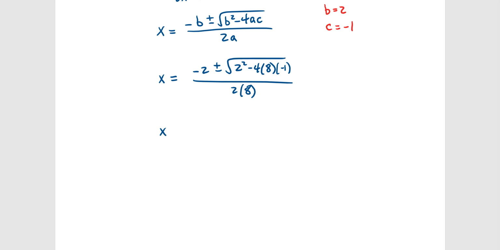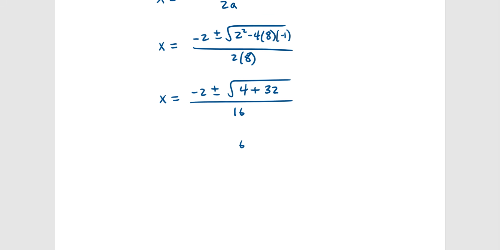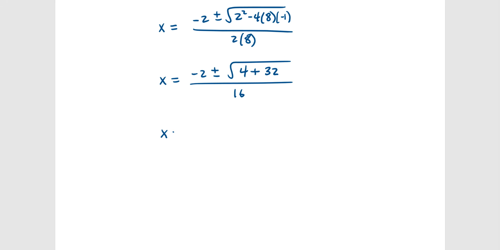Underneath that square root, we get 4 plus, since we have minus a negative, it ends up being plus 32, over 16. And 4 plus 32 gives us 36, so it's -2 plus or minus the square root of 36, over 16.